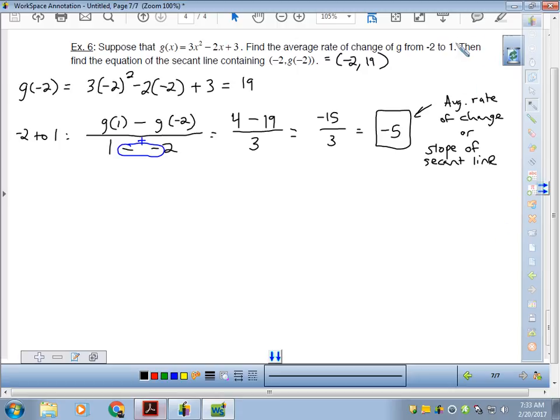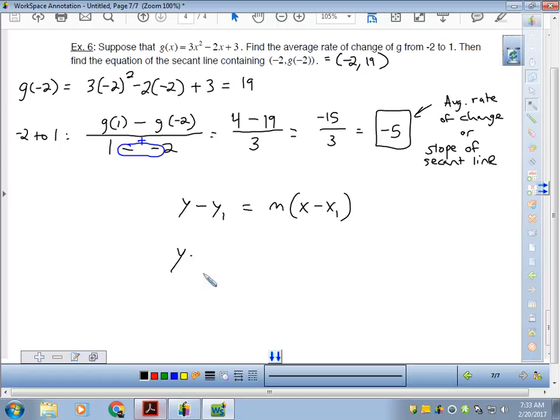Okay. So when we get to this second thing, it asks us to find the equation of the secant line that contains this point, negative 2, 19. Well, we have the point, and then here we just found the slope. So we just have to use our point-slope formula. If you don't remember it, it's y minus y1 equals your slope times x minus x1. So if we fill this in, we have y minus, what is the y of our point?